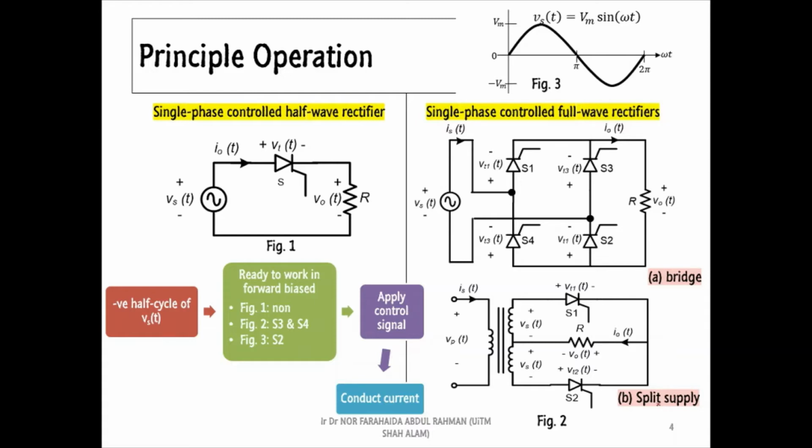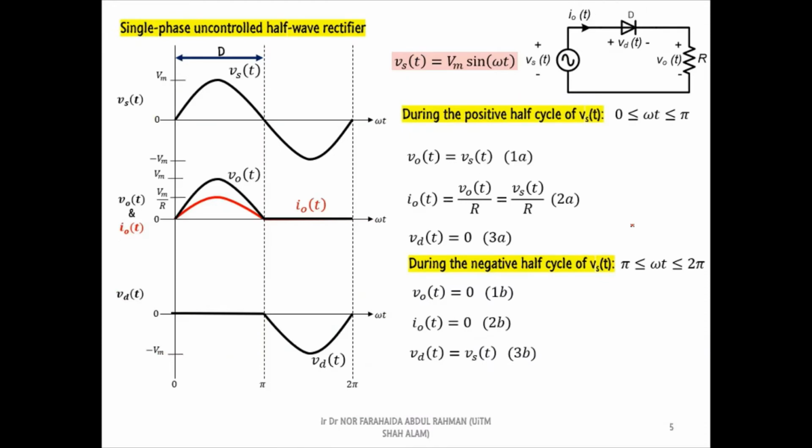By considering the whole operation of the controlled rectifiers, we can conclude that the time of injecting the control signal determines the starting time of the current conduction. Based on the graph, the time is referring to the angle value at the x-axis.